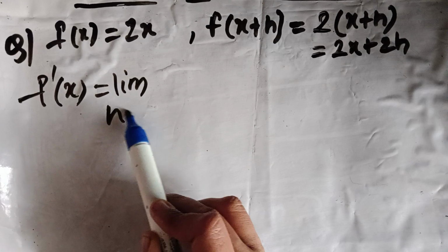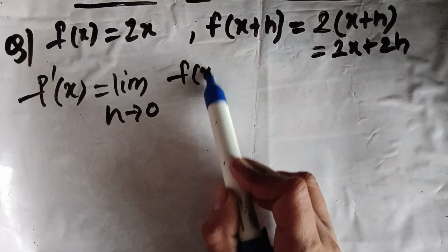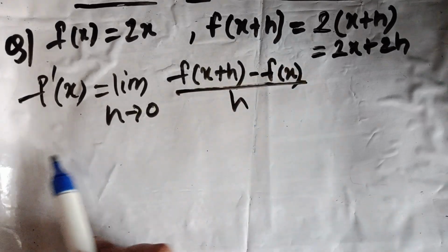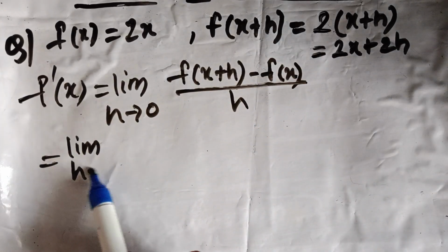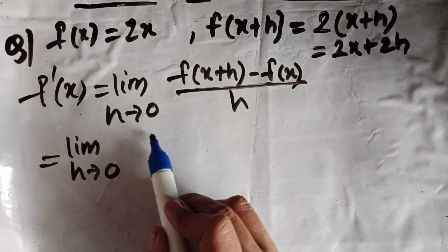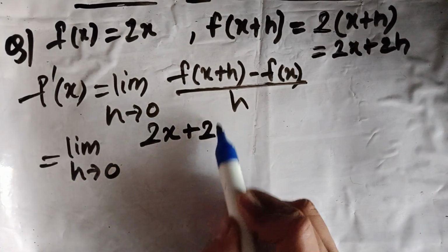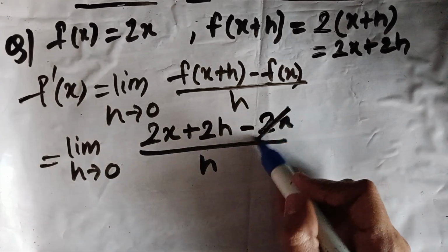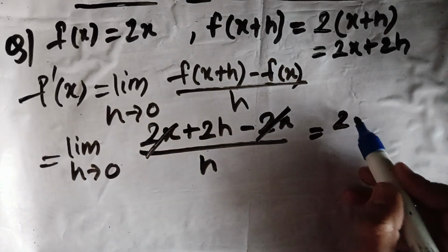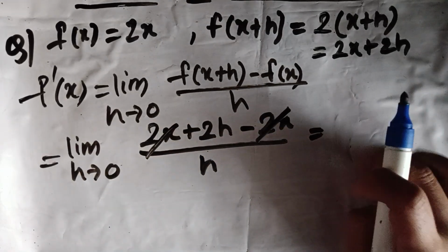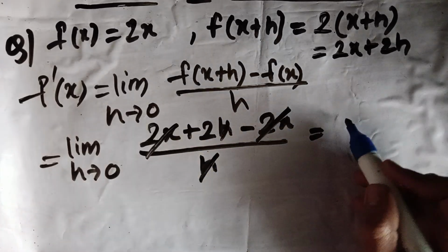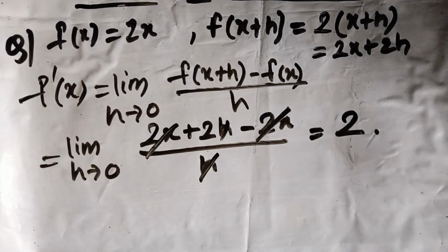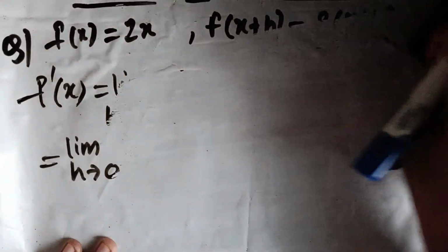Limit as h tends to 0 f of x plus h minus f of x upon h. F of x plus h is 2x plus 2h minus 2x upon h. So this is 2h upon h, right? So h also gets cancelled. So you will get the answer as 2. Okay. Solve another one.